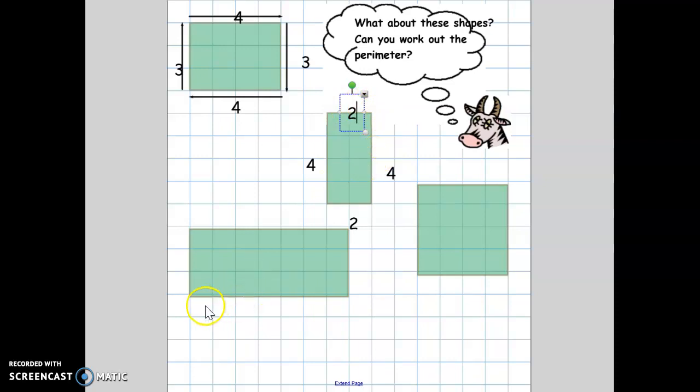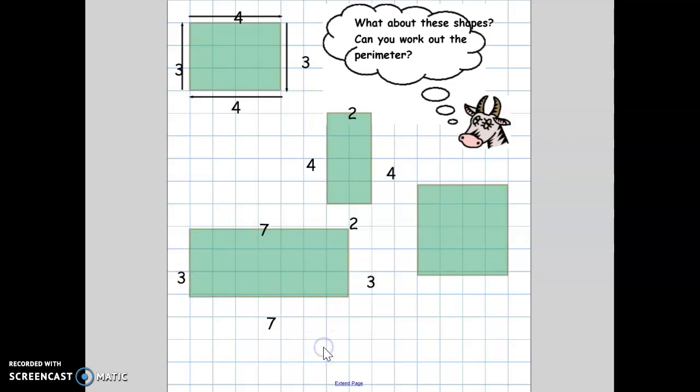How about this one? 1, 2, 3, 4, 5, 6, 7. Oh, look, let's get rid of that. Go down here, 7 and 7 again because it's a rectangle, and that's a 3, and that's a 3.